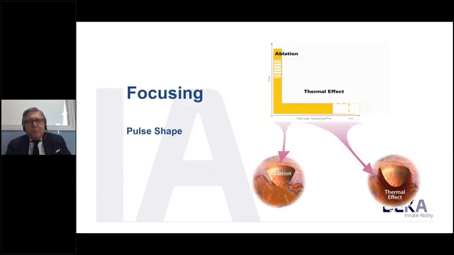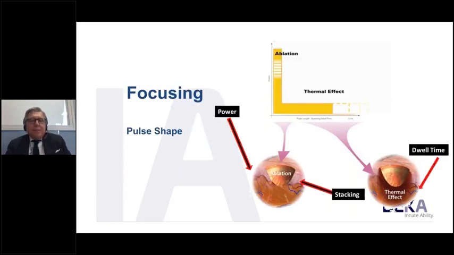Focusing on the pulse shape, you have to keep in mind that we have 3 main parameters. The first 2, power and stacking, are strictly related to ablation capability. The third, dwell time, is related to the thermal diffusion.